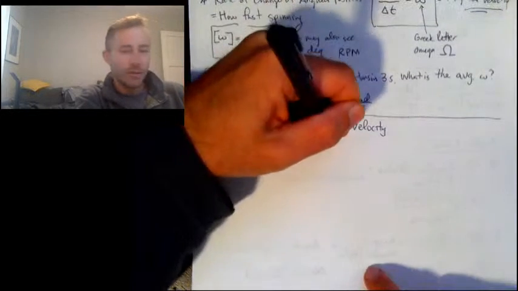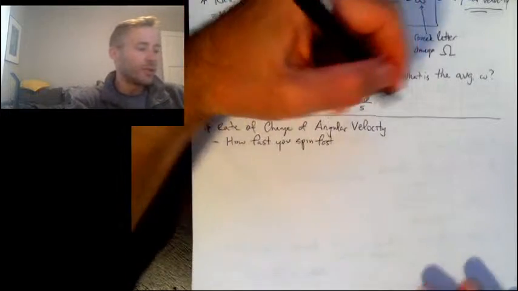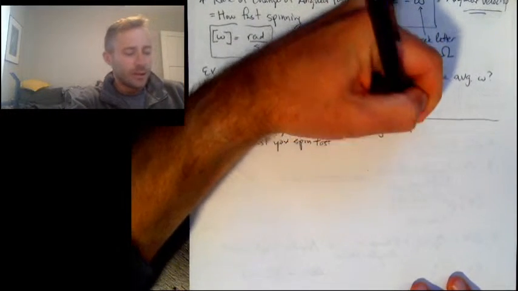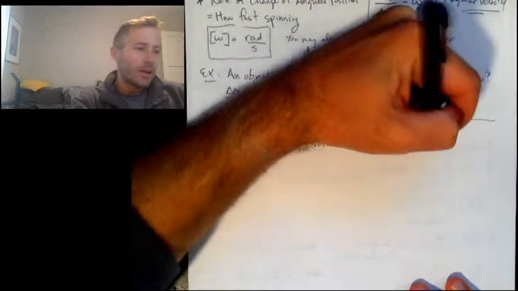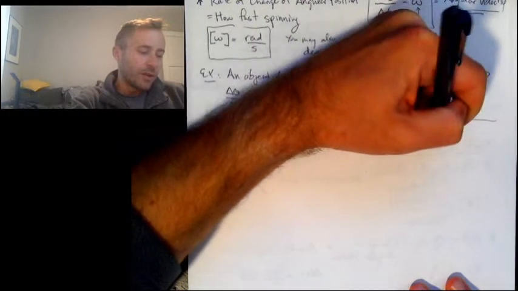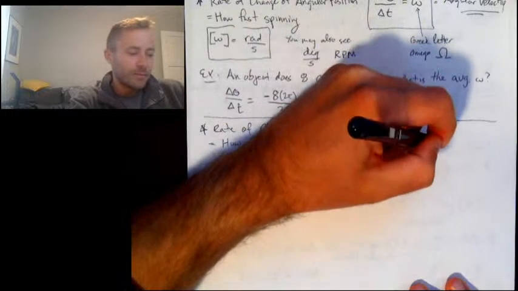Okay, how fast you spin fast. So the definition of that would be change in angular velocity divided by change in time. And that is denoted by the Greek letter alpha.